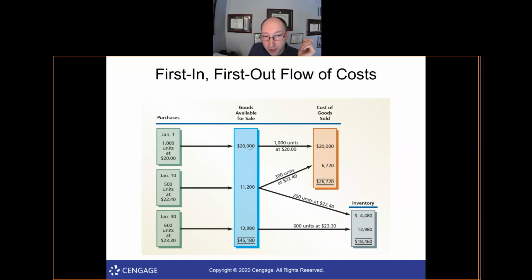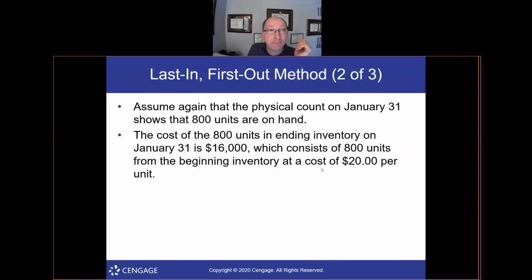Available for sales, $20,000. We sold 1,000 units at $20. Cost of goods sold, $20,000. Any questions? We're good? Okay. That's why I like this nice flow chart.